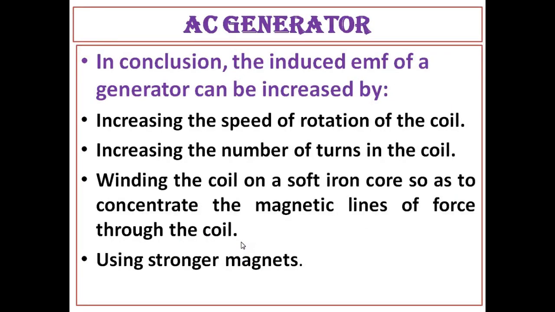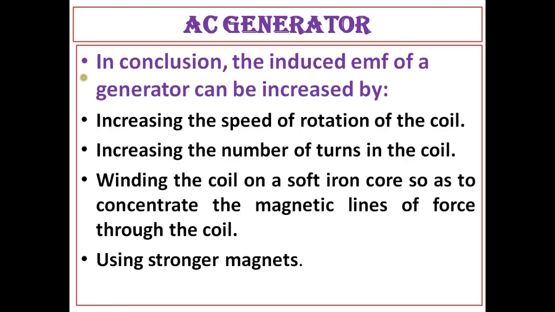Now at last we are going to conclude about the generators. In conclusion, the induced EMF of a generator can be increased in the following ways. What are the ways by which we can increase the induced EMF?